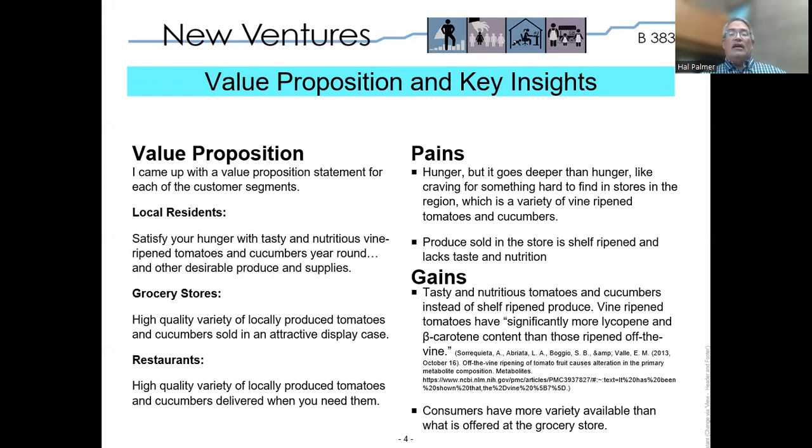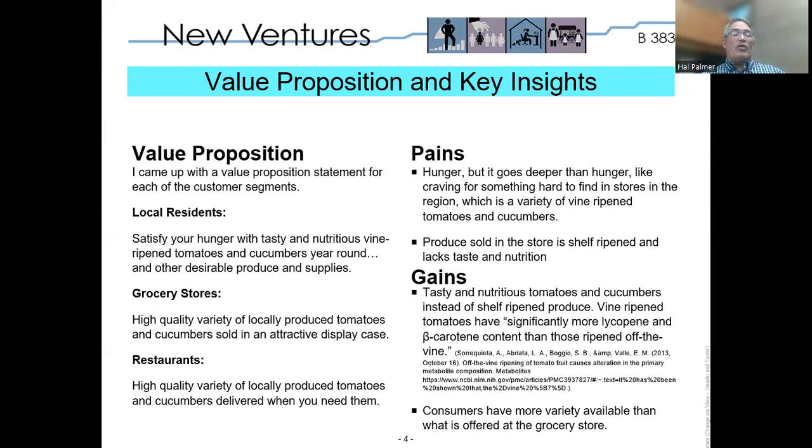Now, in this presentation, I'll be referring to each customer segment, but mostly focusing on the main customer segment, which is the local residents. And as a local resident myself, I can relate to my fellow citizens and understand some of their pains and how produce like ours will reward them with gains.